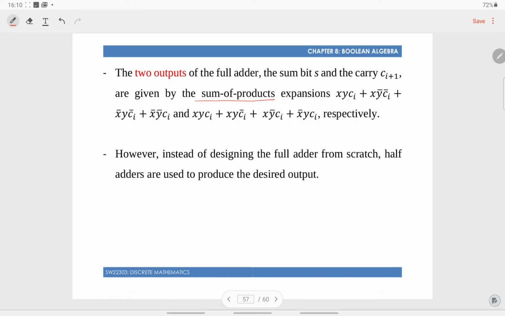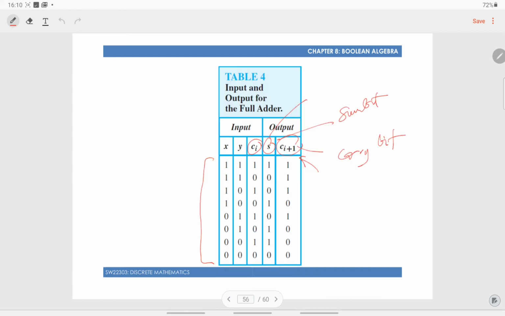So no need to show here. Just use the previous method to come out with the sum. Again, we consider the one outputs and then come out with the expression. Same goes with the carry. We also consider the one values and come out with the expression.